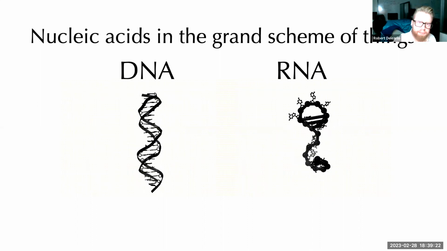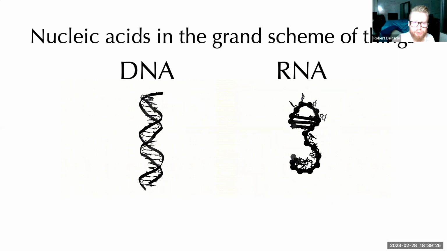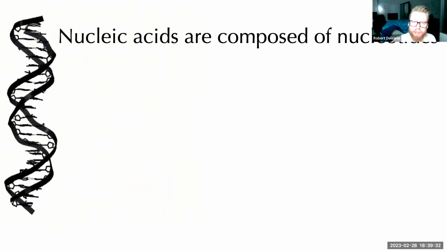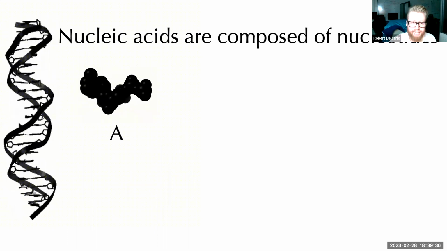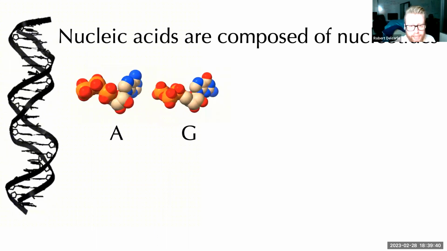Okay, so let's take a look at the individual building blocks that compose these nucleic acids. Nucleic acids are composed of nucleotides. This first one is called adenosine, and this next one is called guanosine.